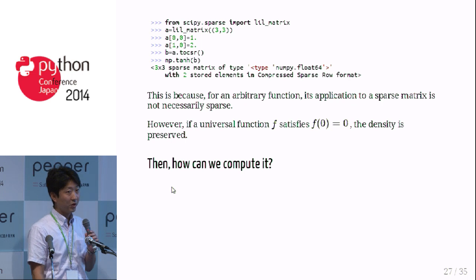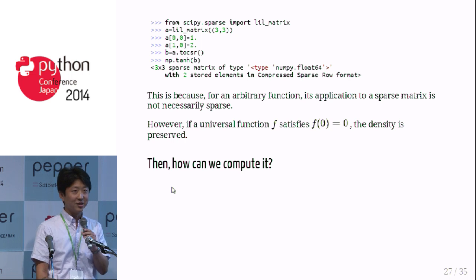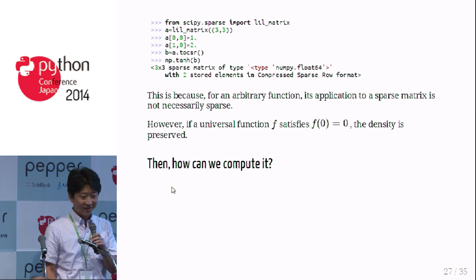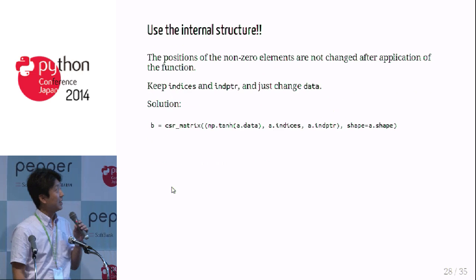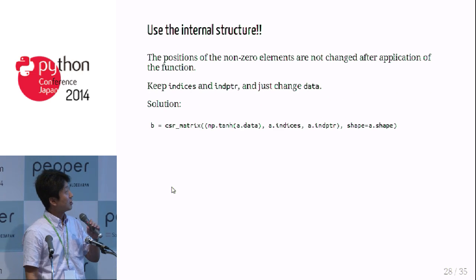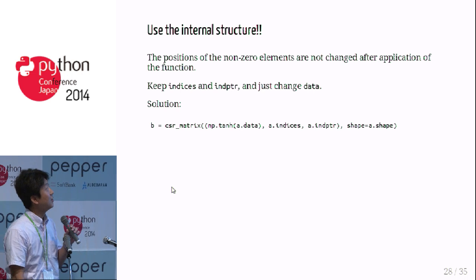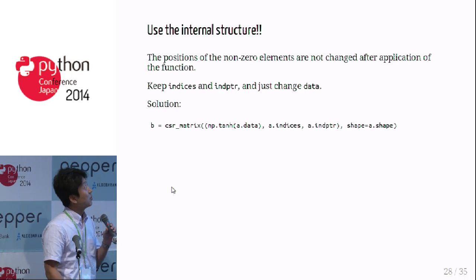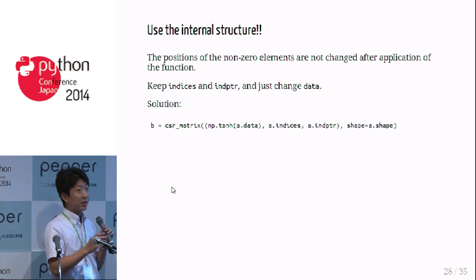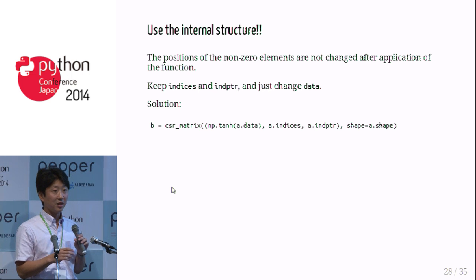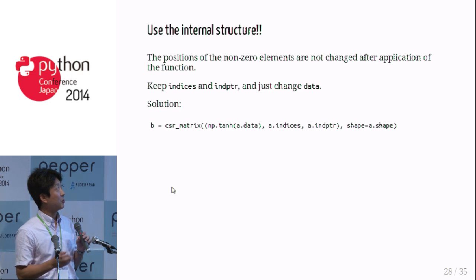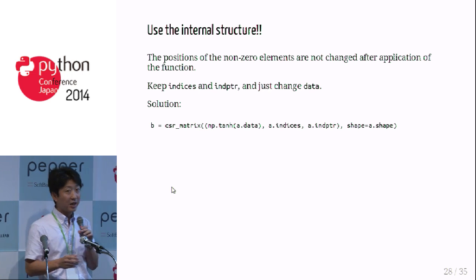So how can we compute it? Using for sentences is out of the question, of course. So if you know the internal structure of sparse matrix, you can use that. The position of non-zero elements is not changed even after the application of universal function.